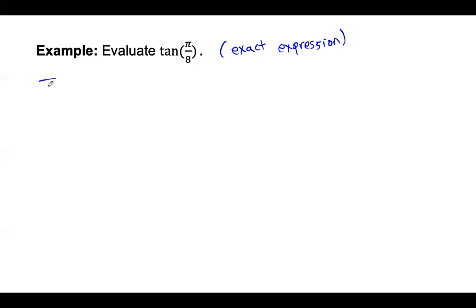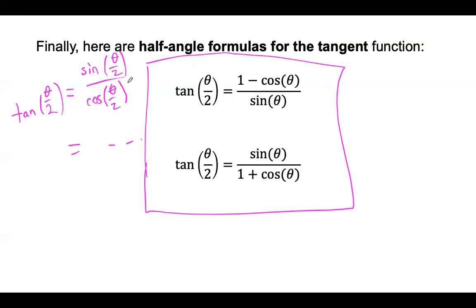Okay. So again, let's do a trick: take our angle to be pi divided by 4. This is just so that pi divided by 4 over 2 is equal to pi divided by 8. So let's use the bottom one.